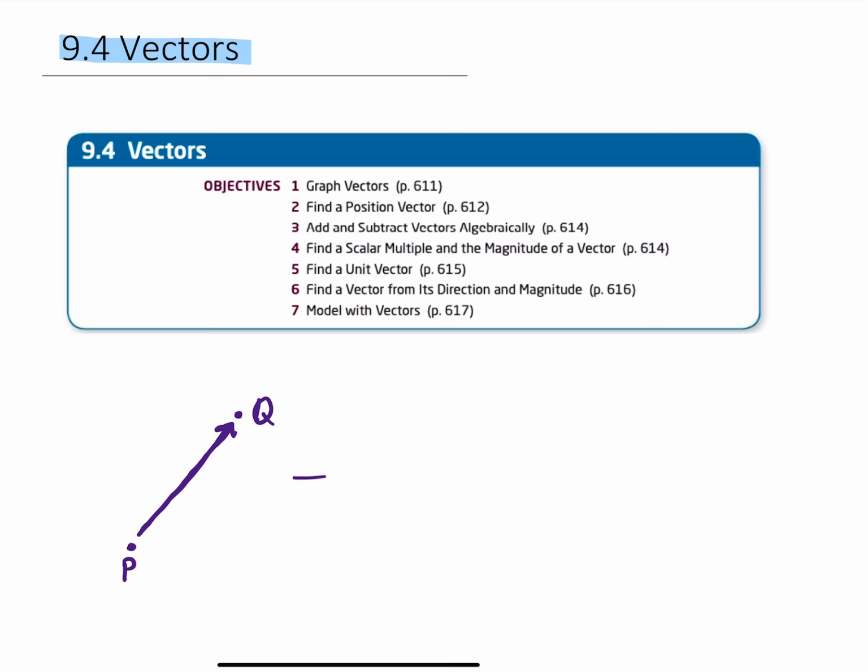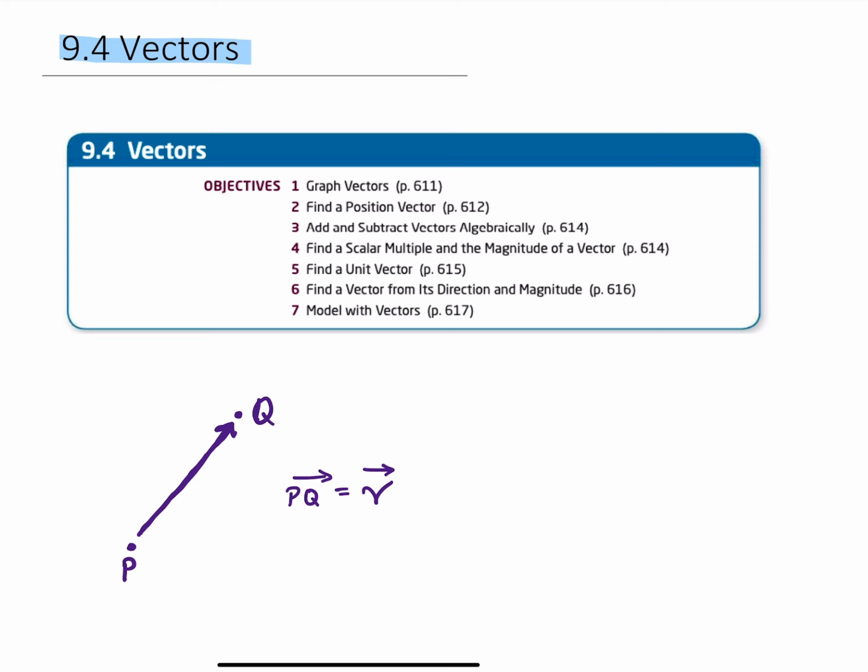So we can say the line going from P to Q is our vector V. So if you're writing by hand, you'll usually see this like arrow notation to denote a vector. In the text, it will use just a bold letter to indicate a vector.